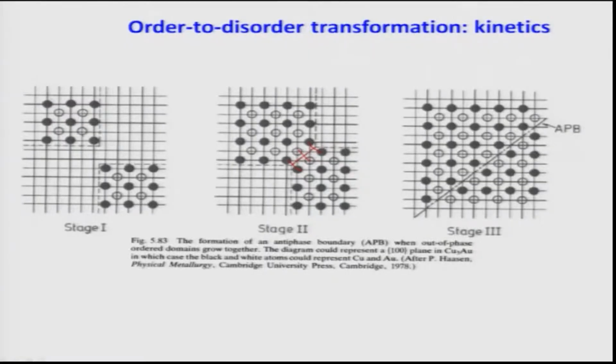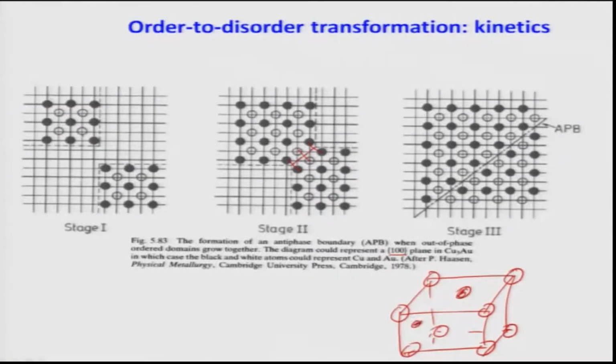This diagram represents the atomic positions along one 001 plane, that is why it is shown like this. One 001 plane is the top plane or the bottom plane or the side plane, whatever it is. If I draw it properly, it will be clear to you. These are the gold atoms and these are the copper atoms, all the face-center positions. So this is a {100} type plane.